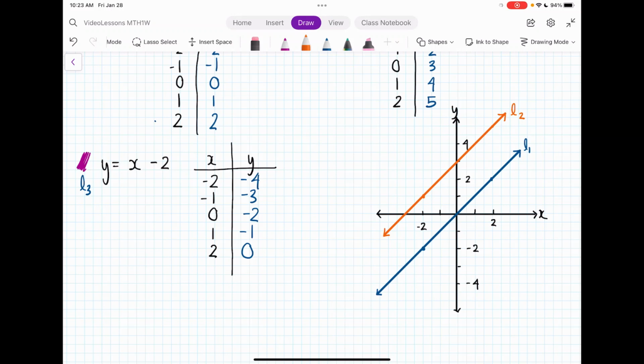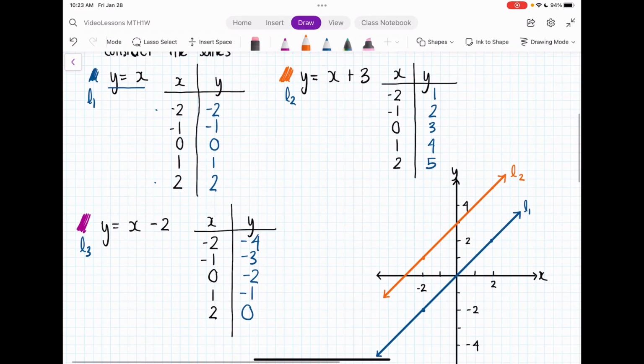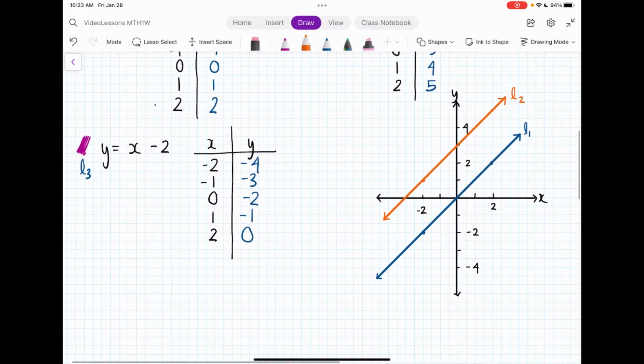Instead of writing y equals and all of this on your graph, if you label it in your working at the top as L1, L2, L3, and then label it like that on the graph itself, it just looks a lot nicer. Okay, next point for the next graph. So -2 and -4. And then 2 and 0.